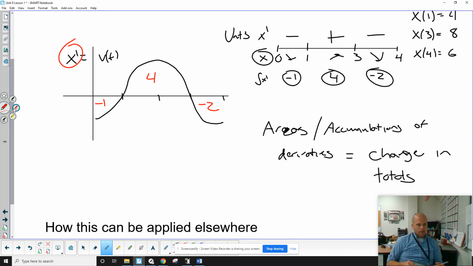Now, what's another word for derivatives? You could say slopes of tangents. You could say rates of change.